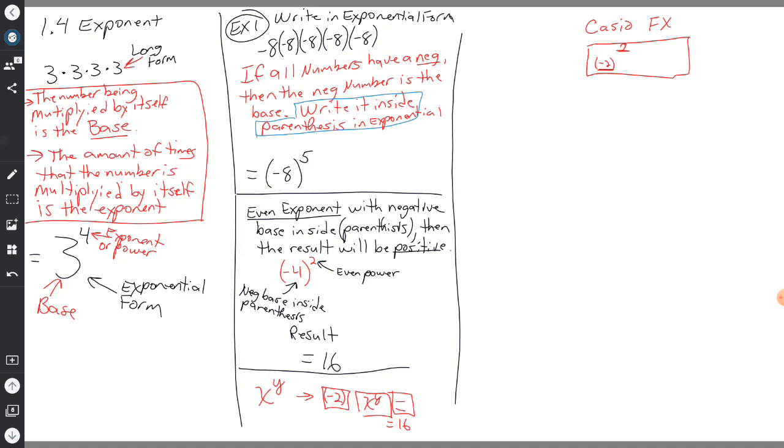Now the other thing that we want to take a look at is when you have an odd power. This one involved an even exponent.